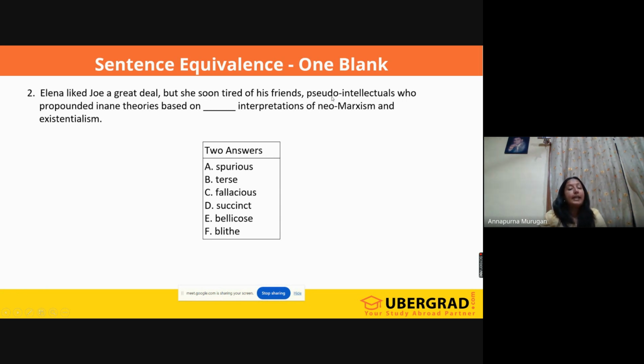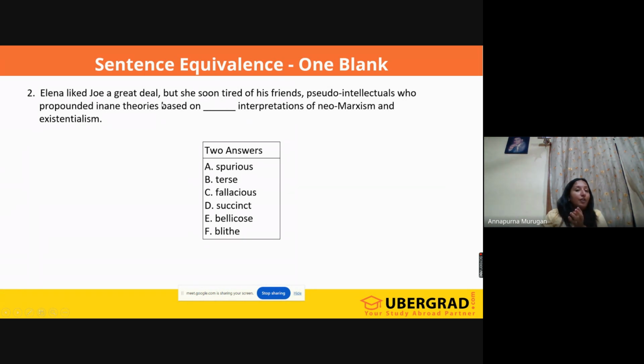Okay. Pseudo-intellectuals who propounded inane theories. Pseudo means, you all know, false. False intellectuals. That means his friends were not really intellectuals. Okay. So who propounded inane theories. Inane means silly. Theories based on dash interpretations of neo-Marxism and existentialism.